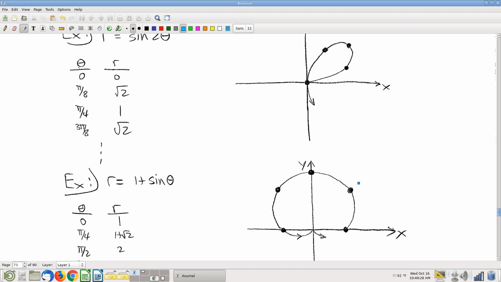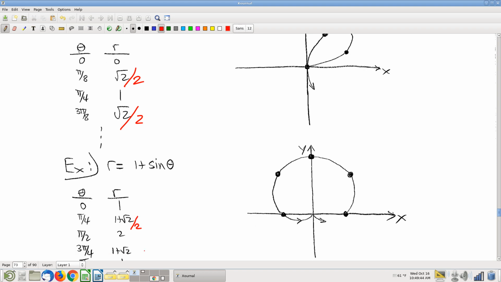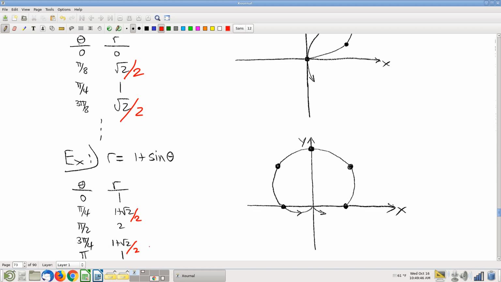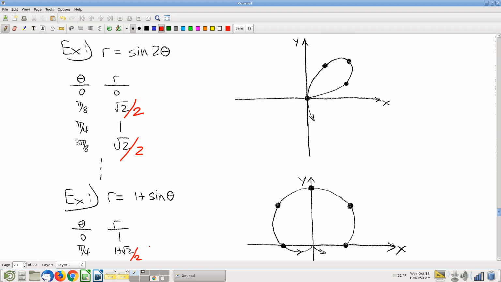Now, there are some more typos in here, and I apologize. I was writing this down too quickly, but this should be square root of 2 over 2. Sorry, I heard myself talking as I was writing. So please make those edits. But anyway, the point is you can just start plugging in some points.